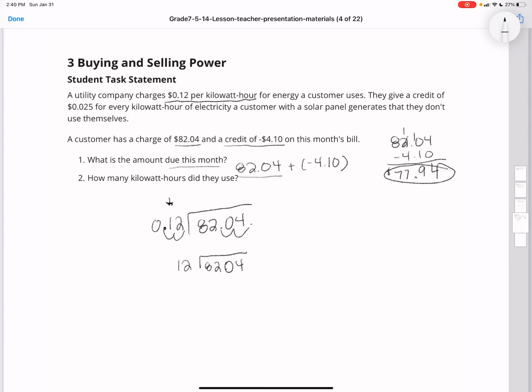And that answer is 6 times. 12 times 6 is 72, and that's pretty close to 82. The goal is to find a multiple that's close to the number that we see but doesn't go over it. So 72, I'm going to subtract, and I should get 10 left over. All right. So now I have 100. How close can we get 12 to 100 without going over? That's 8 times, because 12 times 8 is 96.